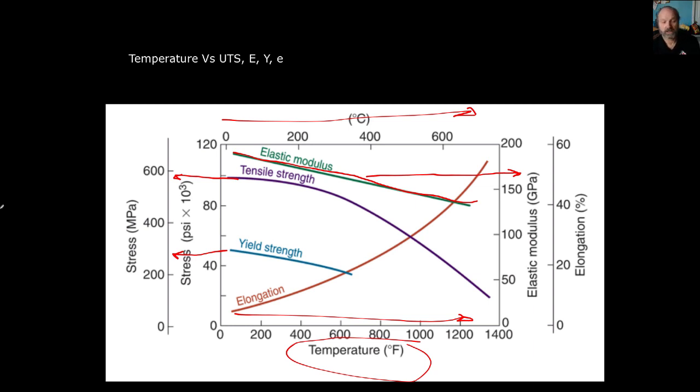And so in that area, the elastic modulus actually decreases with increasing temperature. And you can kind of visualize that, okay? And then, of course, the tensile strength would also go down as you increase temperature because it's easier to pull on the material, okay? And then the yield strength also decreases. That's the end of the elastic region, okay?